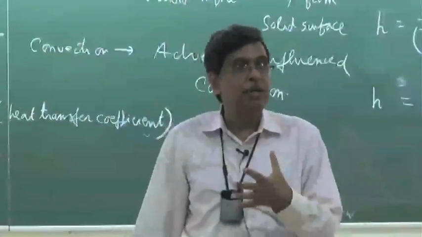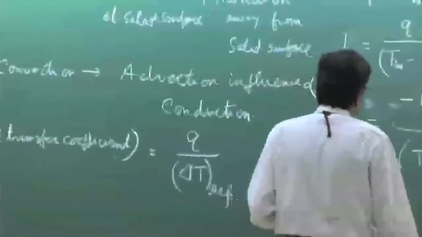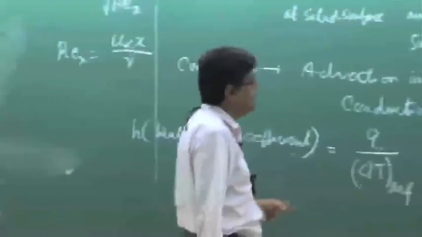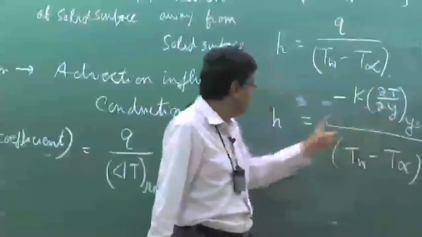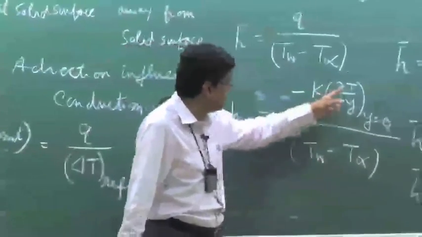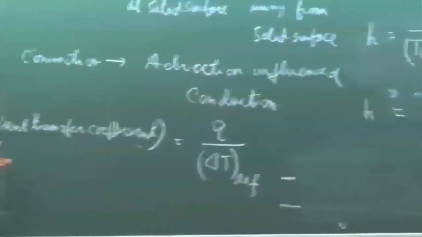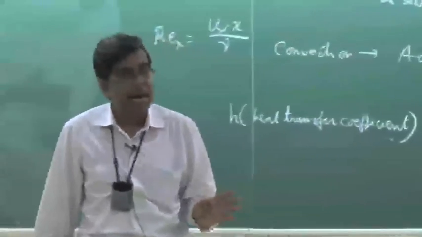That means flow is induced by external agency. Ultimately it is dominated by the flow field, and the heat transfer from the surface is because of conduction, and that's why we relate the heat transfer coefficient this way with the temperature gradient, where heat transfer coefficient in convection is defined like this. It's clear?